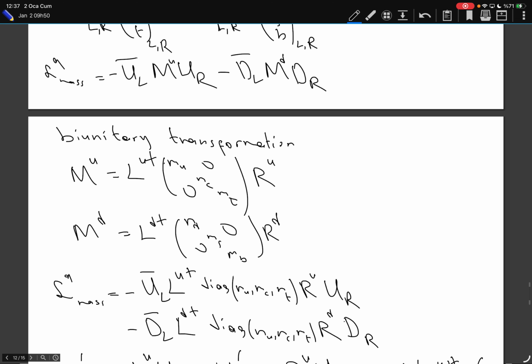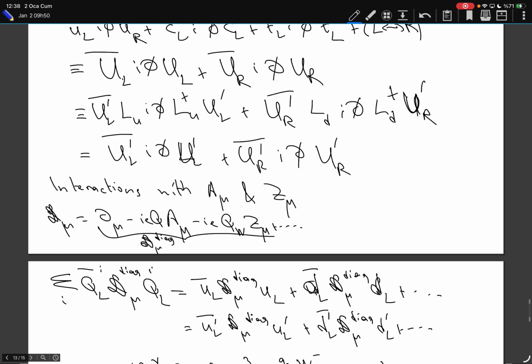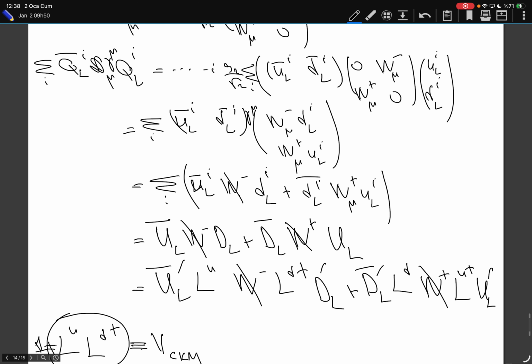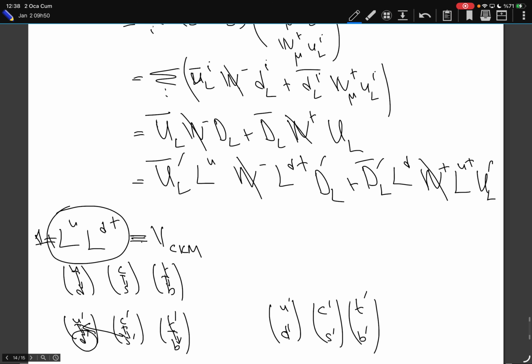This M_D matrix is 0. But that means I can choose the L_D matrix whichever way I please. There's no restriction on the form of the L_D matrix. If I can choose L_D in whichever form I please, I could have chosen L_D to be equal to L_U. And hence this matrix would have been identity.